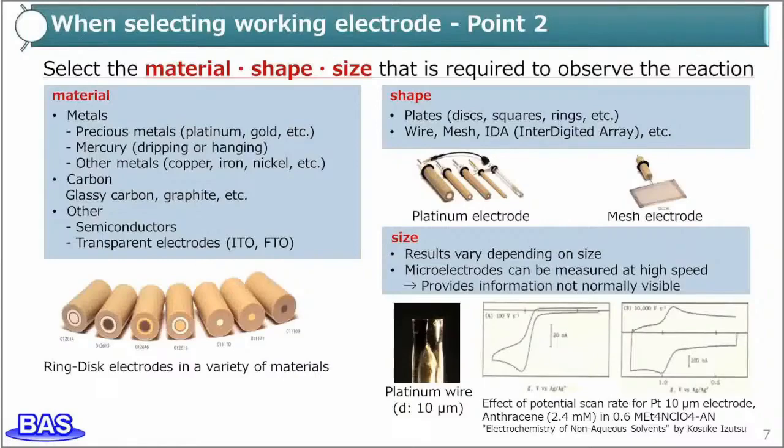There are electrodes with various shapes, such as plate electrode, wire electrode, mesh electrode, and interdigitated array electrodes. Since the results will differ depending on the size, it is necessary to select the appropriate size of electrode. There are also microelectrodes, which have the ability to perform high-speed measurement.